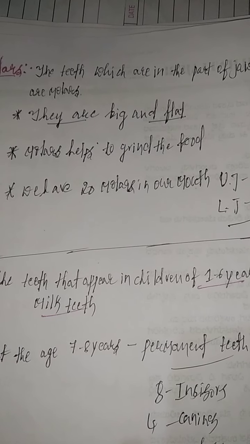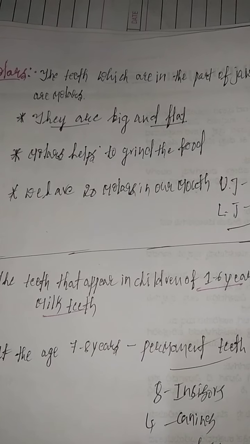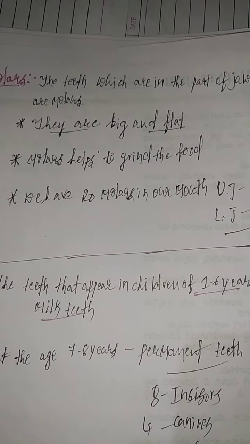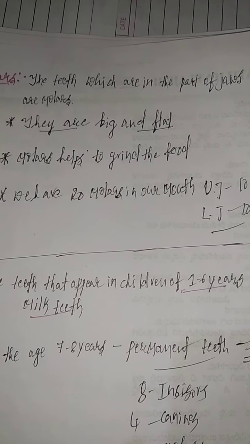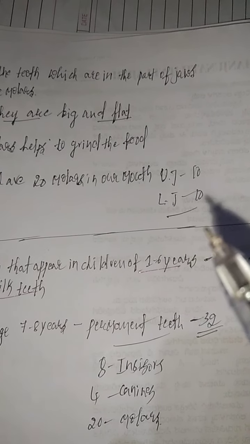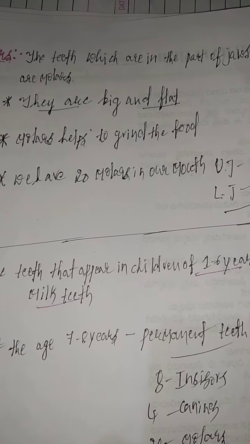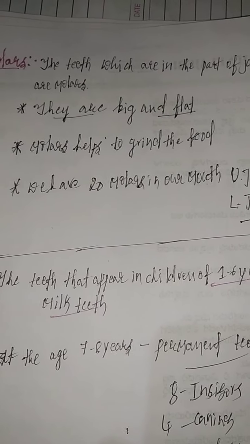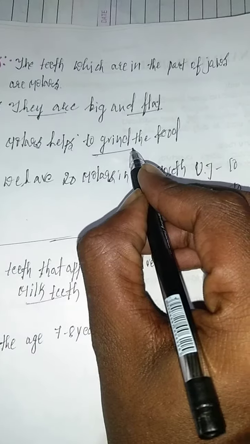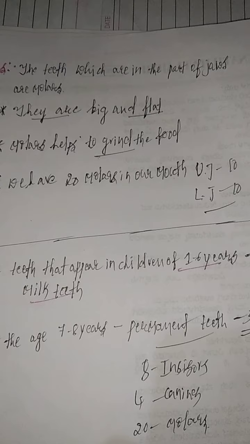For example, when we chew a piece of coconut, the molars help to grind the food very easily. We have 20 molars, 10 in the upper jaw and 10 in the lower jaw. The main function of the molars is to grind the food very easily.